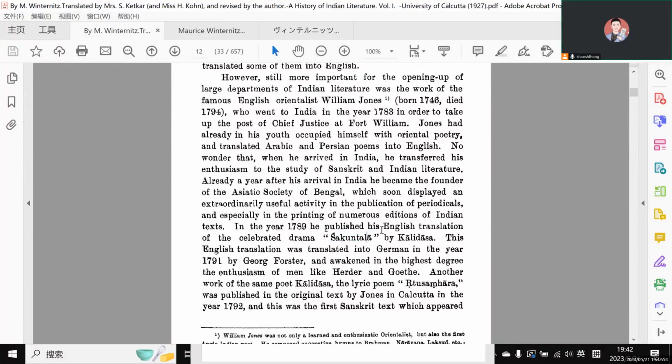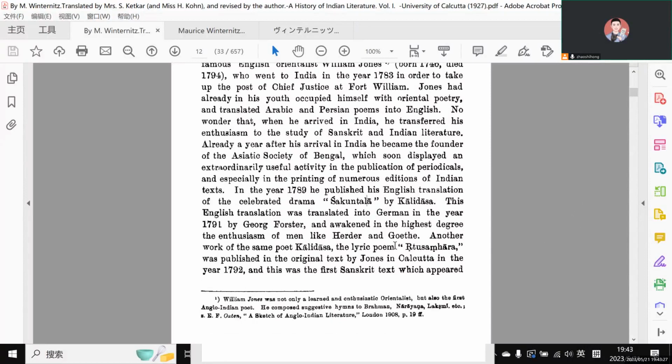And thanks to his English translation of this drama, the German and the whole European upper world knew this work, and soon many more translations into European languages of this drama came out after William Jones' efforts.